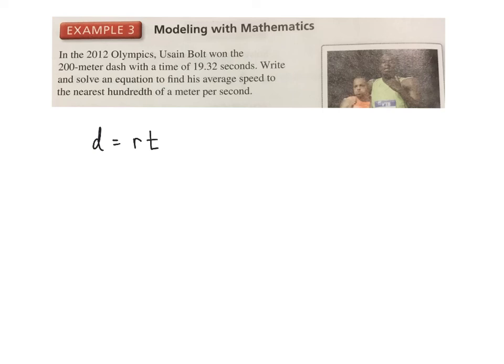So if we take the information that they give us in the problem, they tell us that it's a 200-meter dash, so that's the distance, 200. They tell us that it took 19.32 seconds, so that's the time, 19.32. And then r is the speed, which is what they want us to find, right? Find his average speed. So the equation we're working with is 200 equals 19.32r.